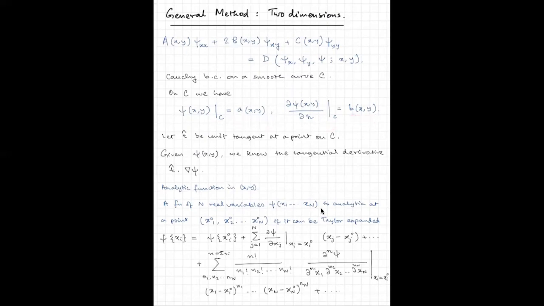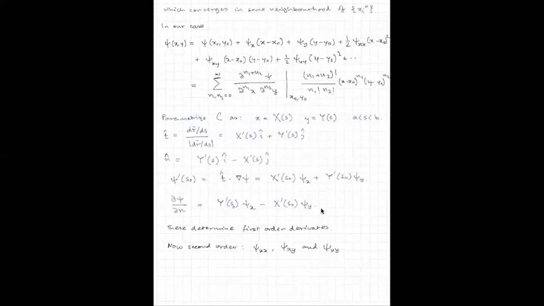So if you give me psi of xy, then we would also know that tangential derivative, which is this unit tangent at a point c dotted with the grad of psi. Very good. So that's what we know, and we can then determine psi of x and psi of y.